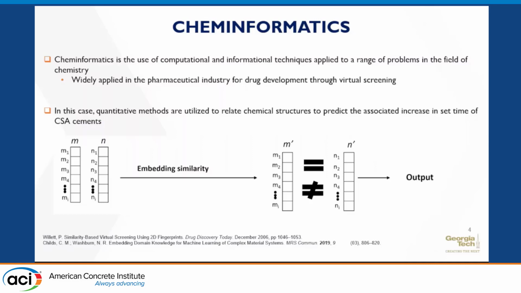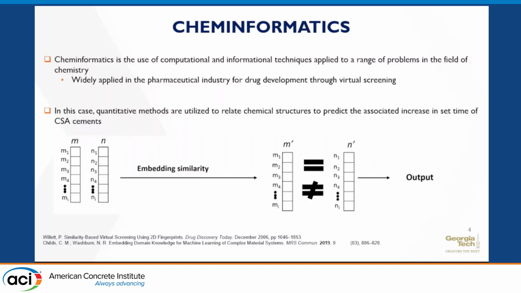For example, in the pharmaceutical industry, it is used in drug development through virtual screening. In our case, we took this approach to relate chemical structures of retarder chemistries to predict the increase in set time in CSA cements.